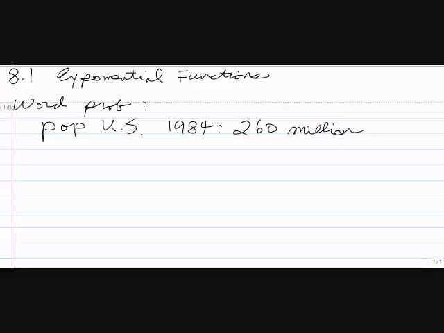And then your book said that at that time, or at some point in time, the population was growing, and populations of people grow, and they've been growing for a long time.